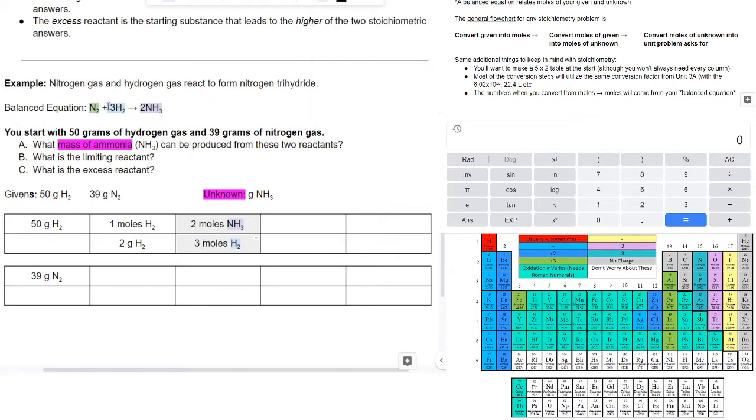So that's where our numbers are coming from for the moles over moles step. That takes care of the middle step of our flowchart. Lastly, we need to convert our moles of our unknown, so moles of NH3 on the bottom, into the unit the problem asks for. So here that is grams of NH3.